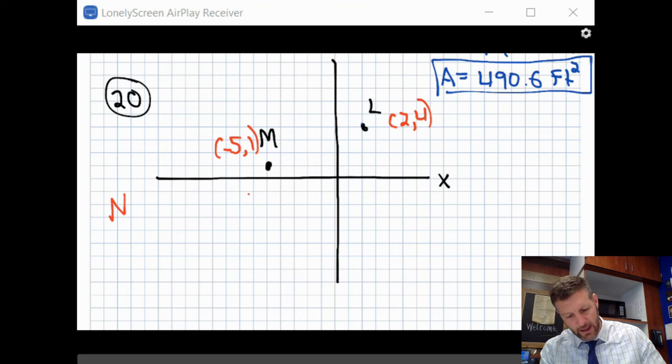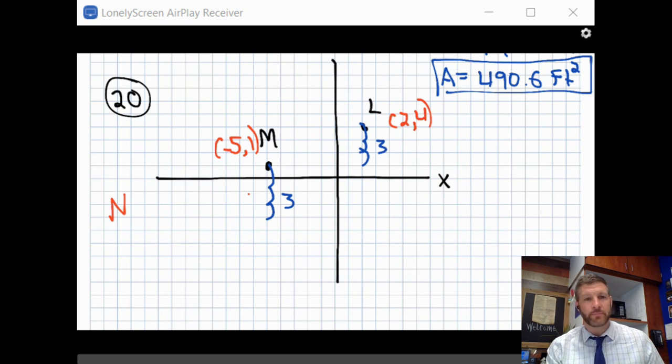So let's see. L is 1, 2, 3, 3 above M. So that means N must be 3 down, 1, 2, 3, from M. Also, L is 1, 2, 3, 4, 5, 6, 7, 7 horizontally away.